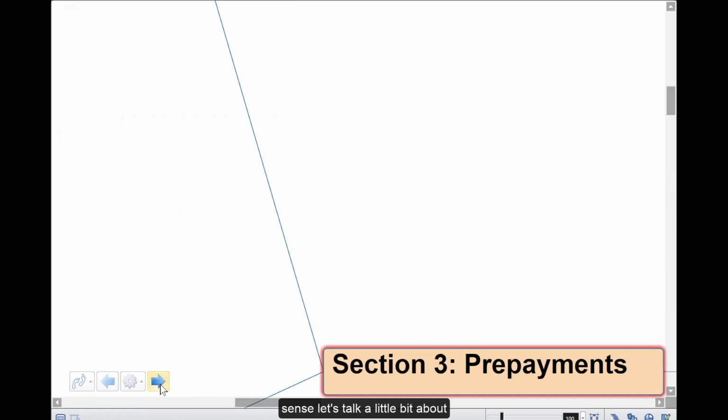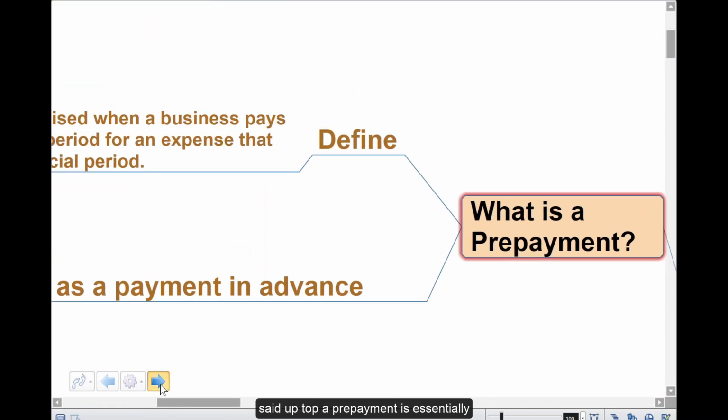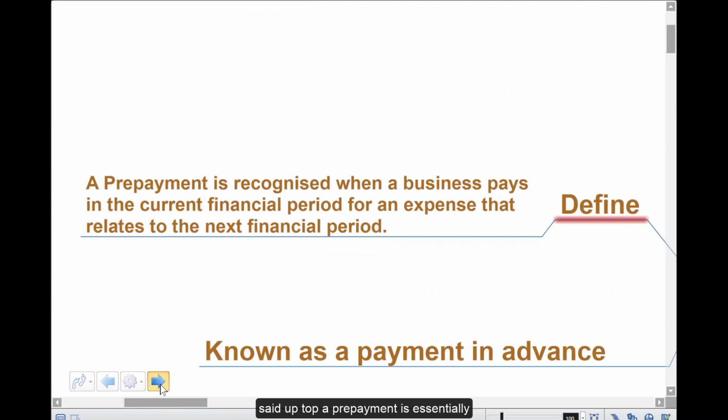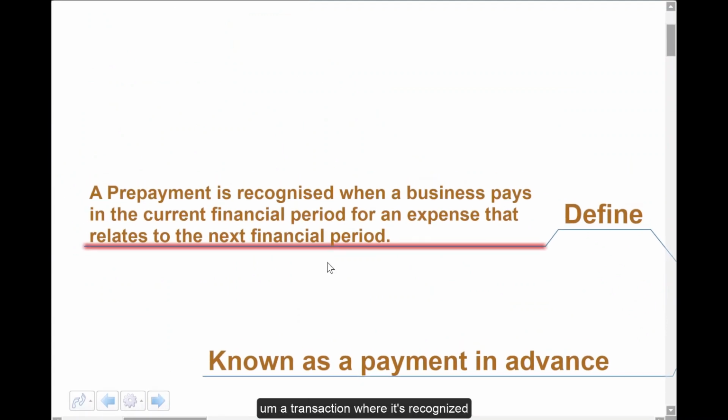Let's talk a little bit about prepayments now. You remember what we said up top. A prepayment is essentially a transaction where it's recognized that a business pays in the current financial period for an expense that relates to the next financial period.